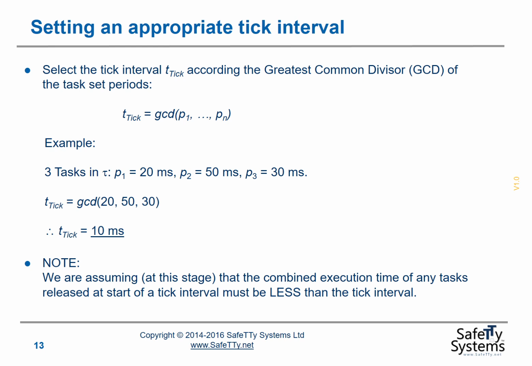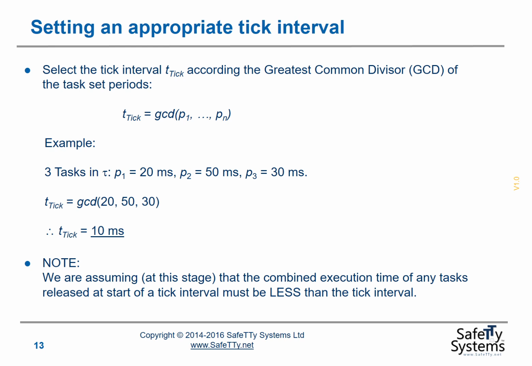For example, if we've got tasks with periods of 20 milliseconds, 50 milliseconds and 30 milliseconds, if you remember back to your school arithmetic lessons, the greatest common divisor of 20, 50 and 30 is 10, and a tick interval of 10 milliseconds would be our starting point.